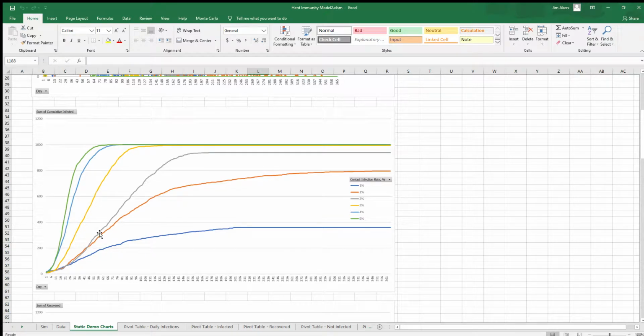The 2% curve is right here, coming in significantly below 1,000. This was the 1.5% curve, where we had roughly 200 not infected at all on that data run. And this was the 1% curve, where a large number were not infected.